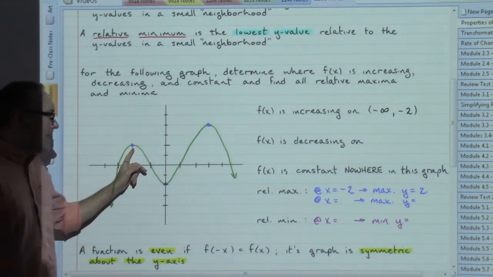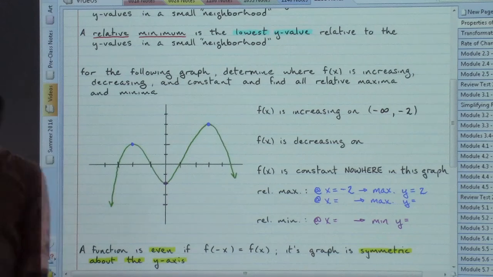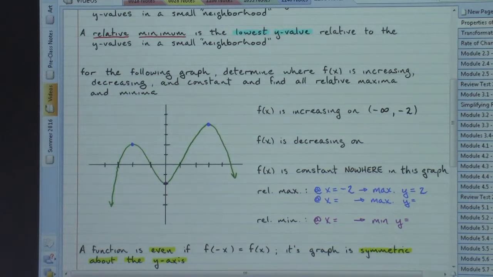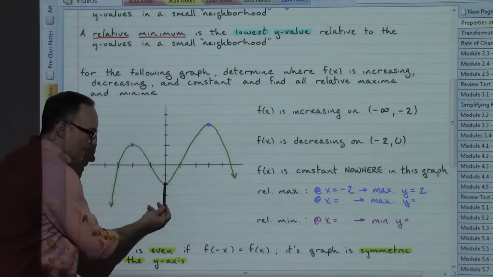As soon as we pass that tipping point, we start to decrease. So when we go to our description for decreasing, that would begin just on the right side of the -2. That would go up to x equals 0, not x equals 0, go just up to the x value of 0.